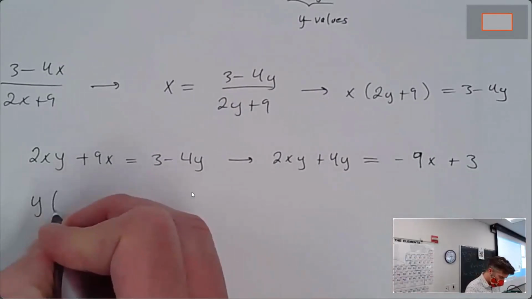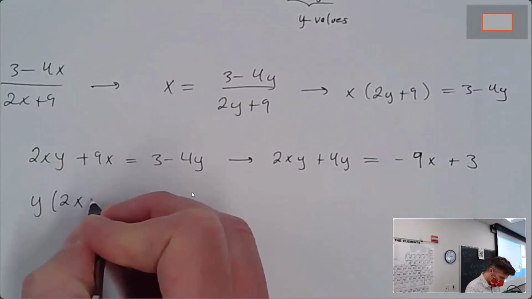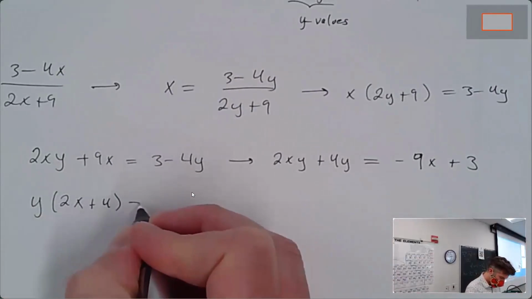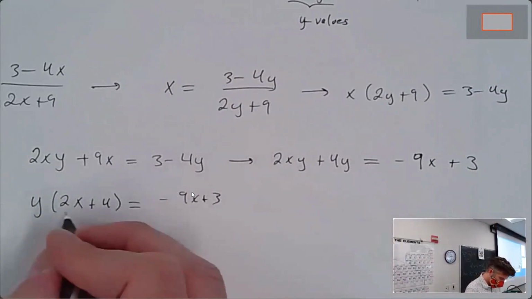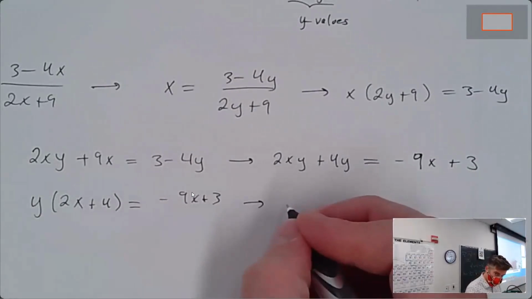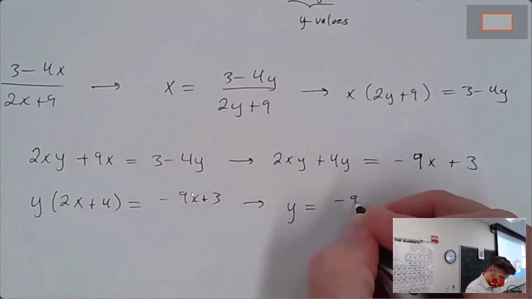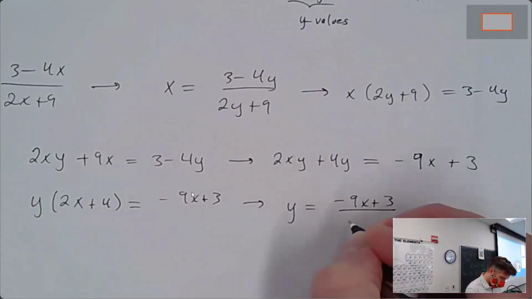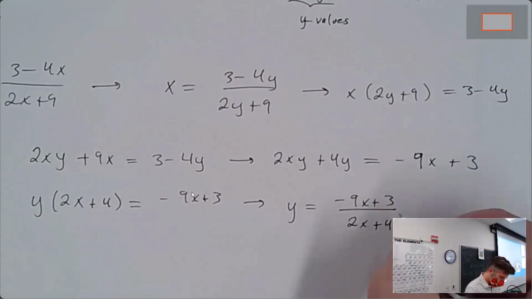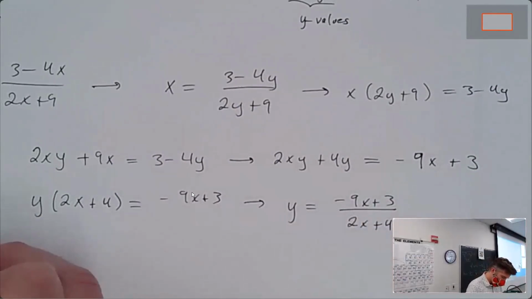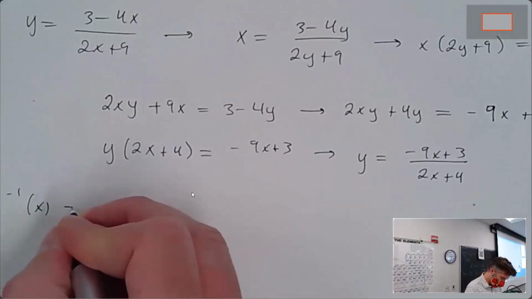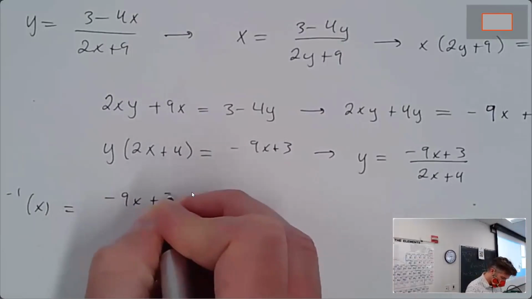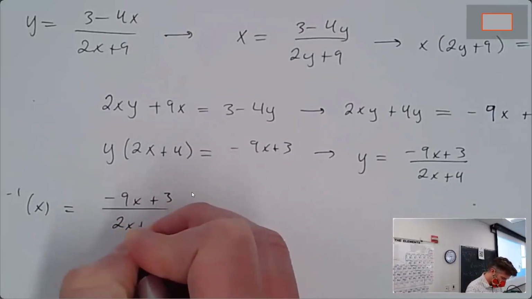So I'm going to have y times (2x plus 4) equal to negative 9x plus 3. And finally, divide by this. So I get y equal to (negative 9x plus 3) over (2x plus 4). There's my inverse function. f inverse of x is (negative 9x plus 3) over (2x plus 4).